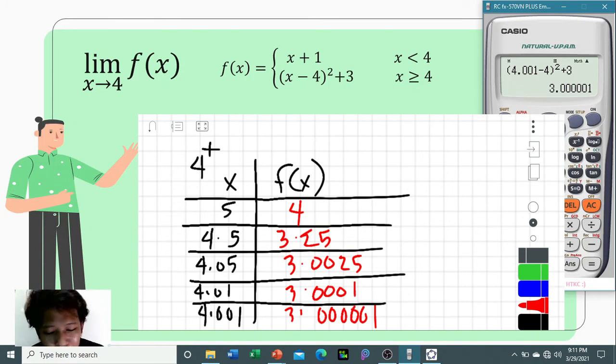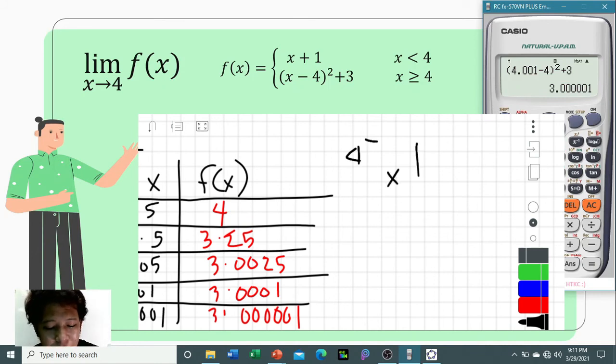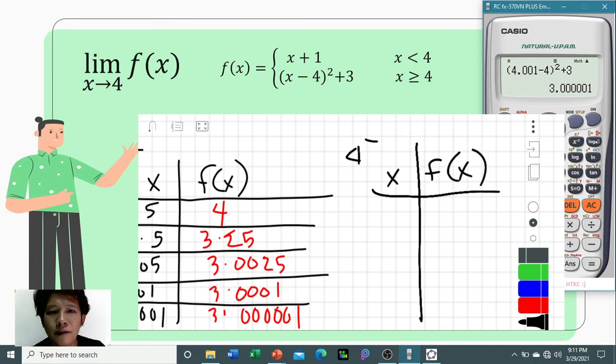But if we would have the other table to which mag-a-approach naman tayo from the left of 4. So from the left of 4, so that would be 4 raised to negative sign. So the values would be what? The values from the left of 4, that would be 3. That's the nearest integer.